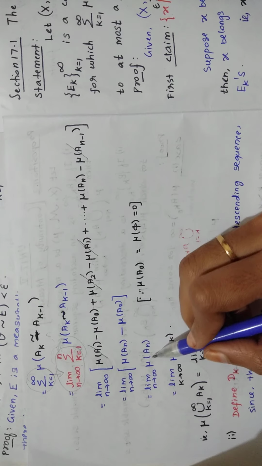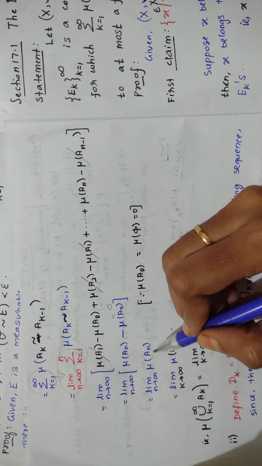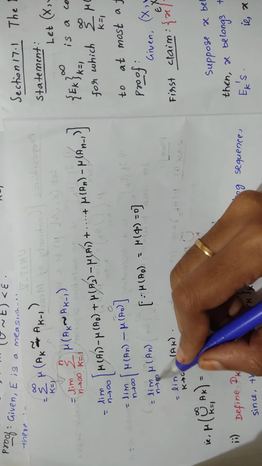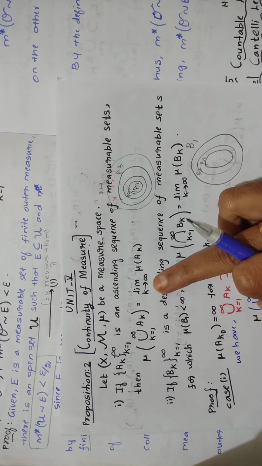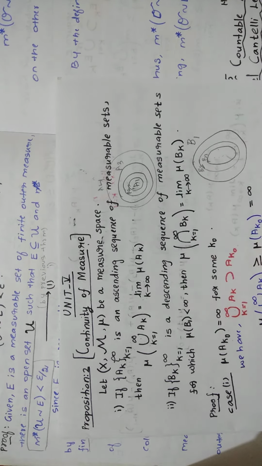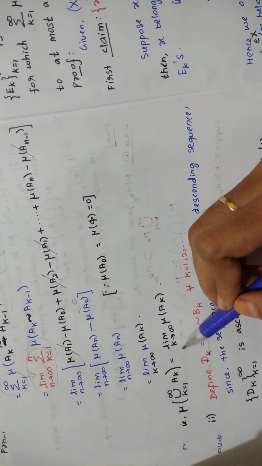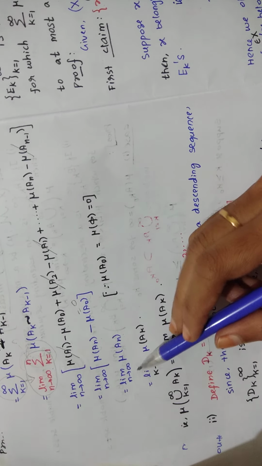So limit n tends to infinity, this becomes 0, and you will get limit n tends to infinity mu of an. Now here in our proof, in the right hand side you are using k, not n. Okay, so you are just changing, instead of n you are putting k.